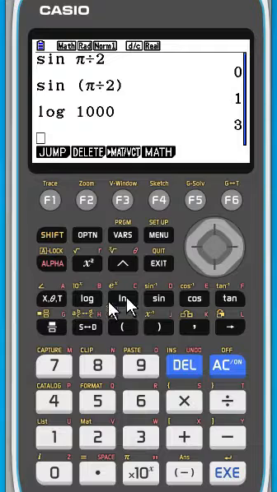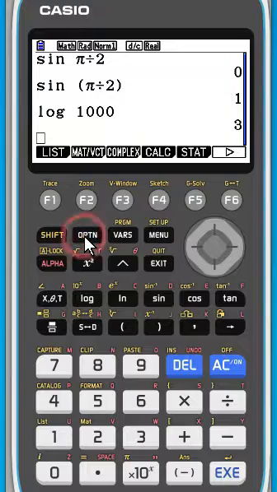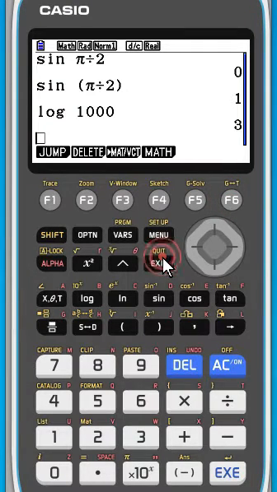Okay, so on the keys you do not find it, right? On the keys there are only a few functions. Most of the functions are either displayed here or hidden in the OPTN button. So if you hit OPTN, you would see a lot of new functions coming in here. Okay, let's exit.